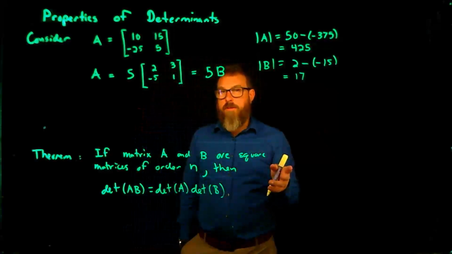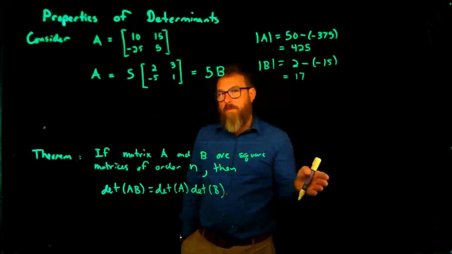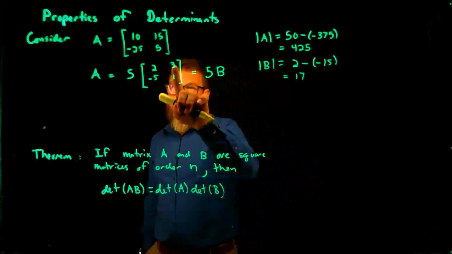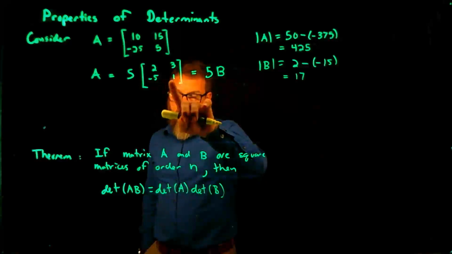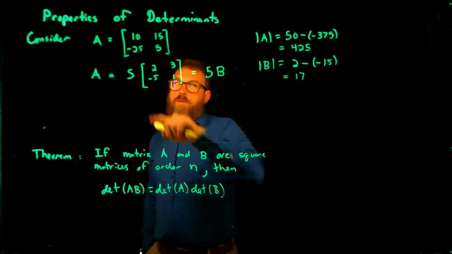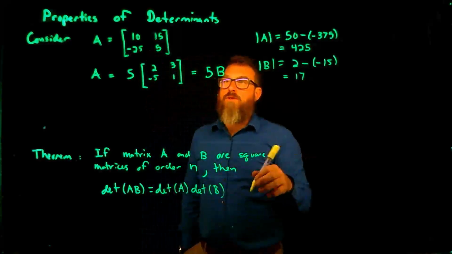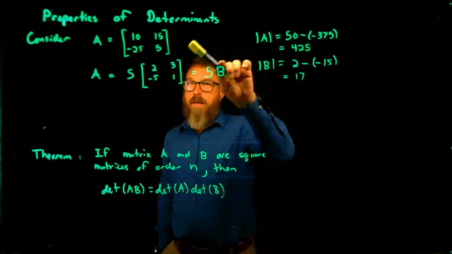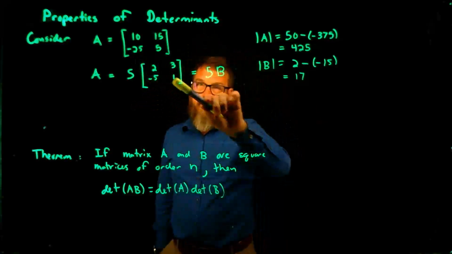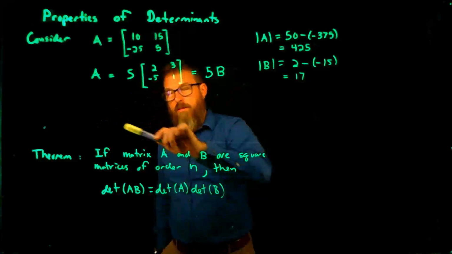But when we're talking about determinants, they tend to be row dependent. So this 5 can go into the top row and this 5 can go into the bottom row to be able to produce this when we're talking about determinants. Because remember, it's this times this. So you can see the 5 will be here and also it'll be here.